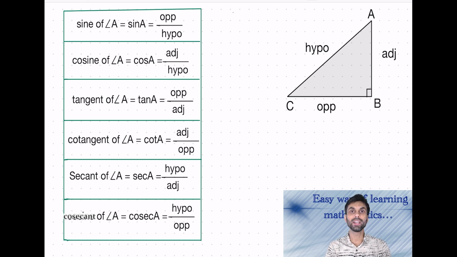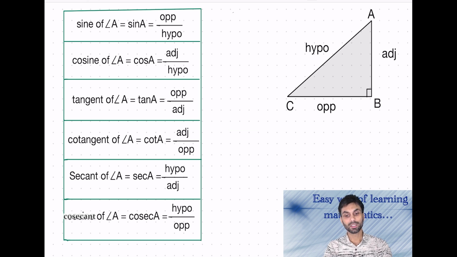Now here, why 6 trigonometric ratios? As we have a triangle which has 3 sides, there are 6 possible ratios. And each of the ratios is given a name: sine, cos, tan, cot, sec and cosec. So what is sine of an angle?